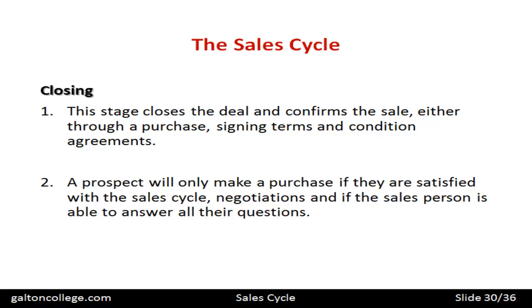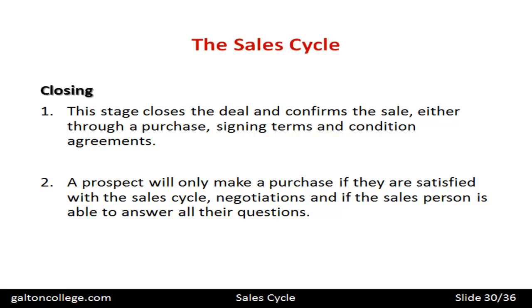A prospect will only make a purchase if they are satisfied with the sales cycle, negotiations, and if the salesperson is able to answer all their questions. If a prospect feels that they haven't been dealt with honestly or openly, they won't make the purchase. If the prospect believes that some of the answers were not convincing, they won't make the purchase.